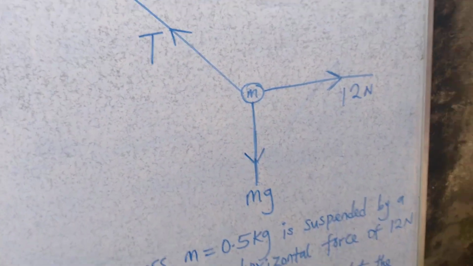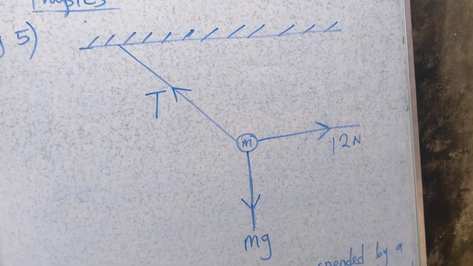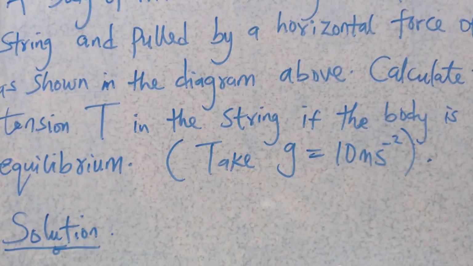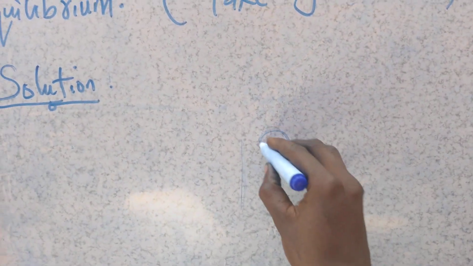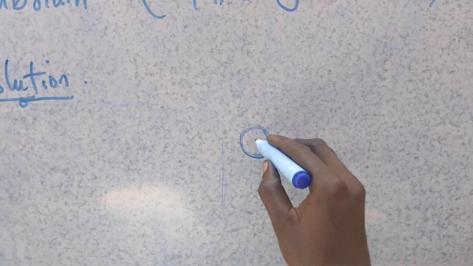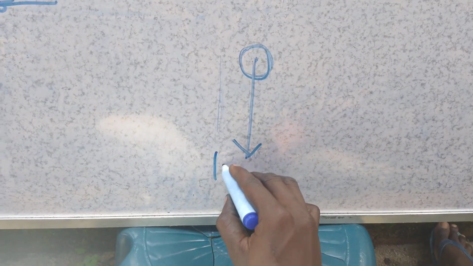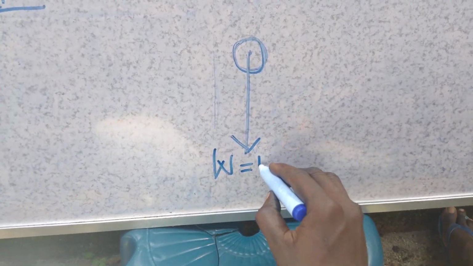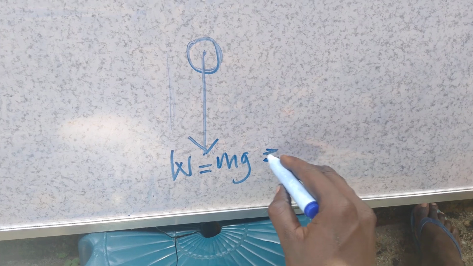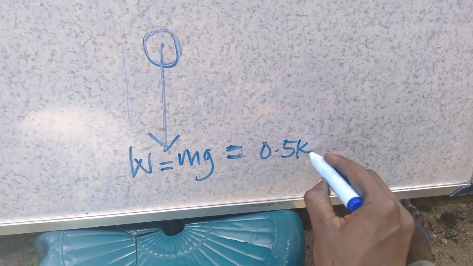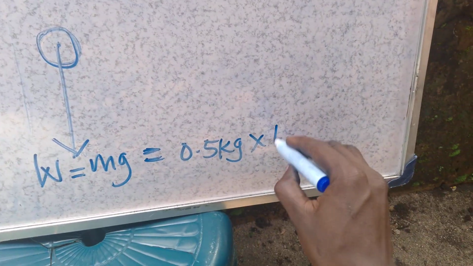So if we redraw this diagram, we'll have something like this. This is the body, and the weight will act downwards. W is equal to mg. The mass is 0.5 multiplied by 10 meters per second squared.